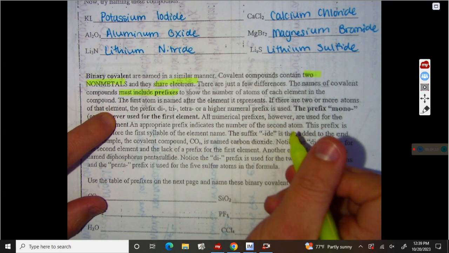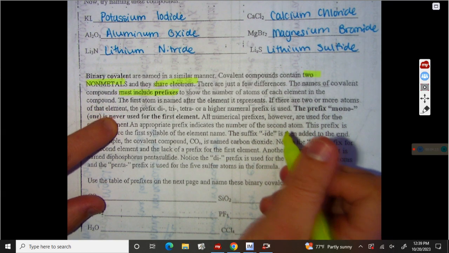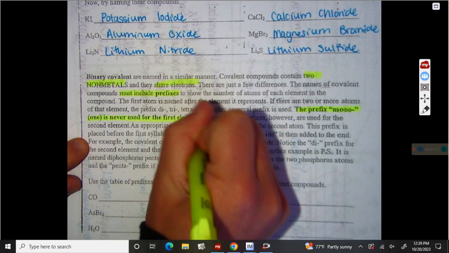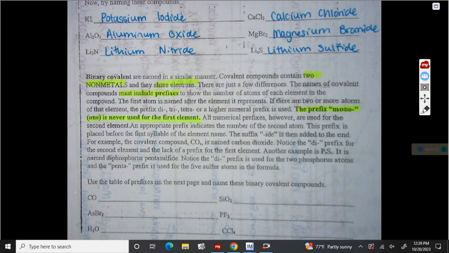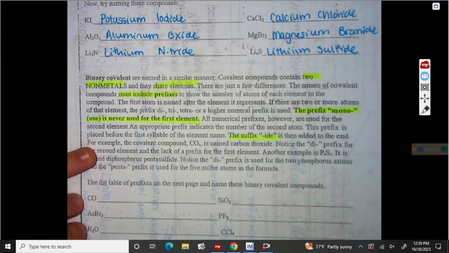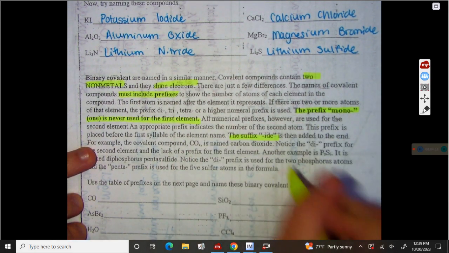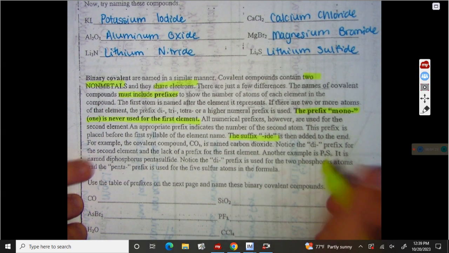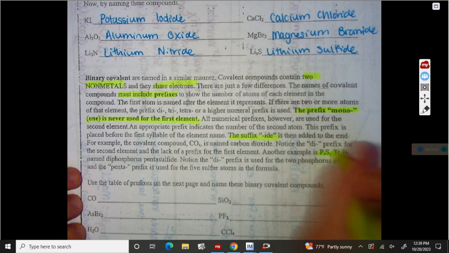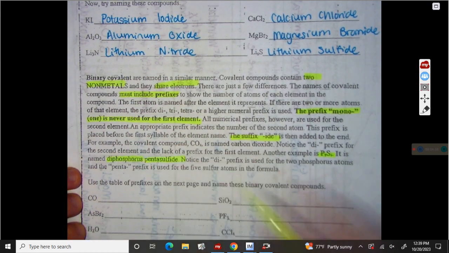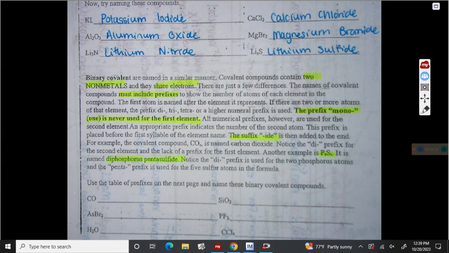If there are 2 or more, we use a prefix. The prefix mono is never used for the first element. The suffix "ide" is then added to the end. So CO2 would be carbon dioxide. For P2S5, it would be diphosphorus, 2 phosphorus, pentasulfide, 5 sulfurs.